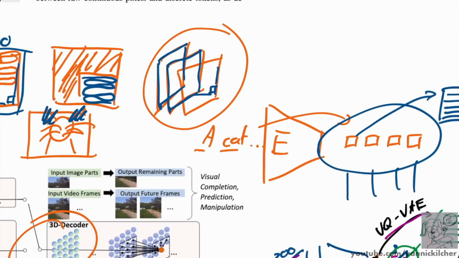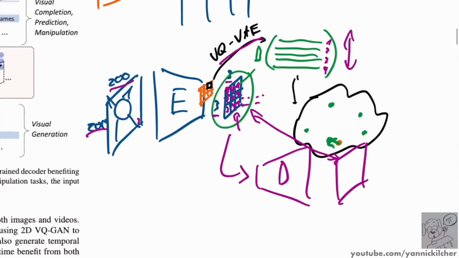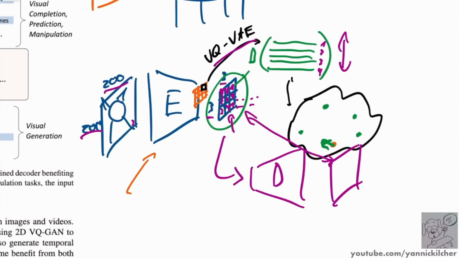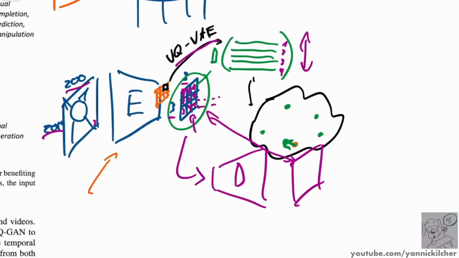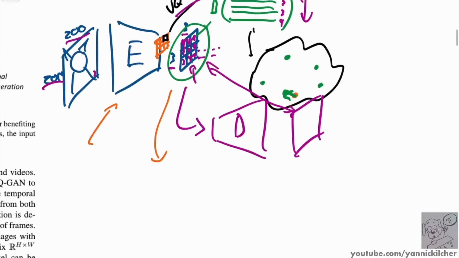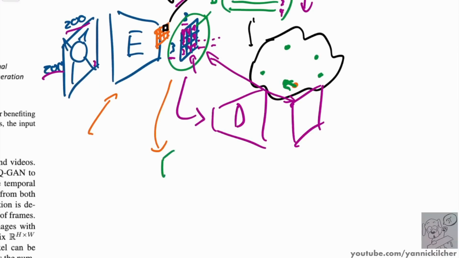So what they do is they simply treat each frame of the video as an image, and they pass each frame through this image encoder right here, and they simply stack the latent representations. So that'd be from the first frame, then from the second frame, from the third frame, and so on. They stack them like this.